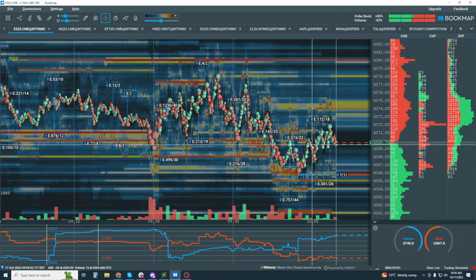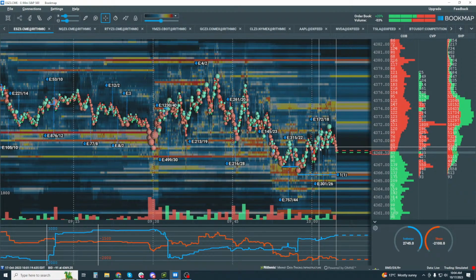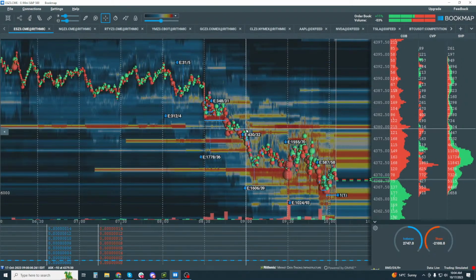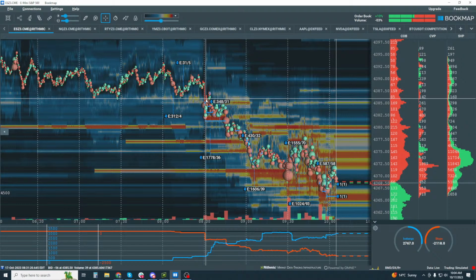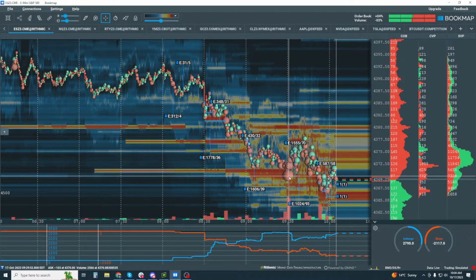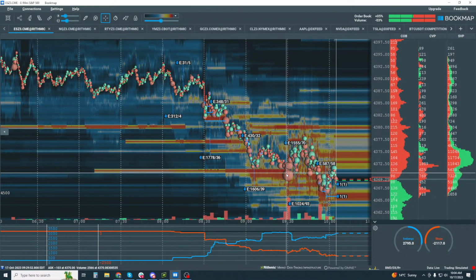Taking a look at the S&P E-mini and see what's going on here, get our approach and understanding what's happening here. We had the 9:30 cash open right here, and you can see huge selling right into very high liquidity here.